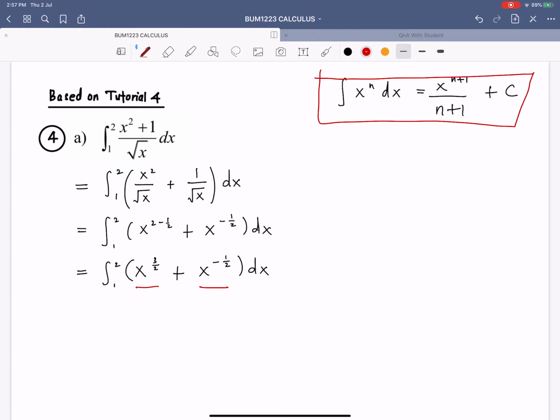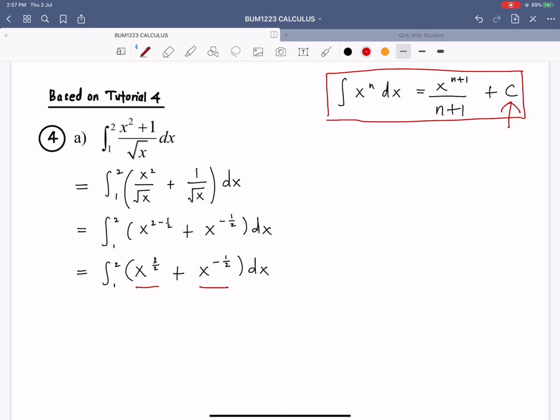But in this example, since we are dealing with definite integral, we don't have this constant c.